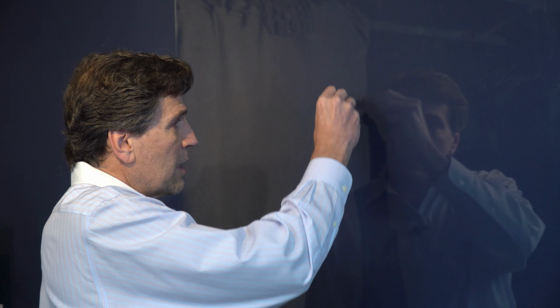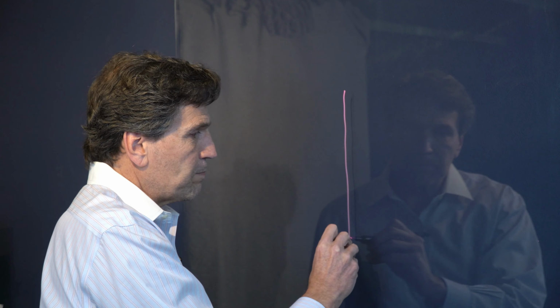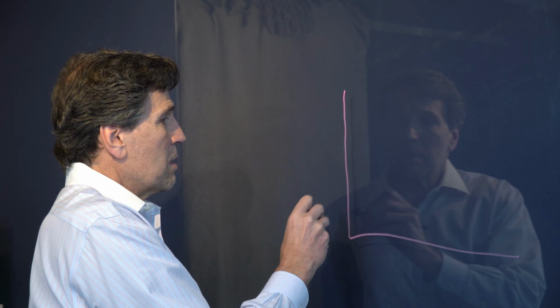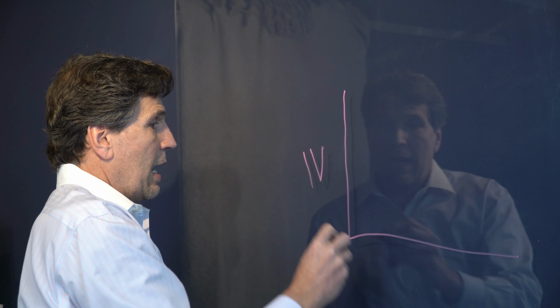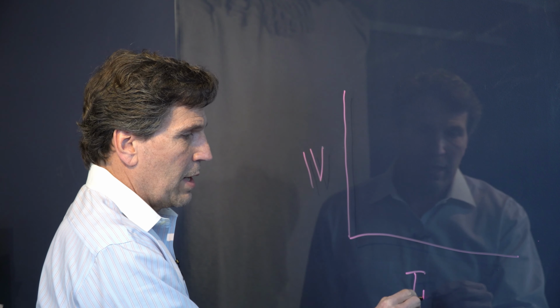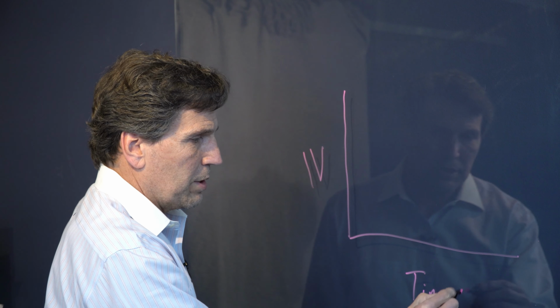So I'm going to talk a little bit about volatility term structure and why that applies to day trading options. So the volatility term structure, let's just draw a little graph right here. This is going to be the implied volatility, and then this is going to be the time to expiration.